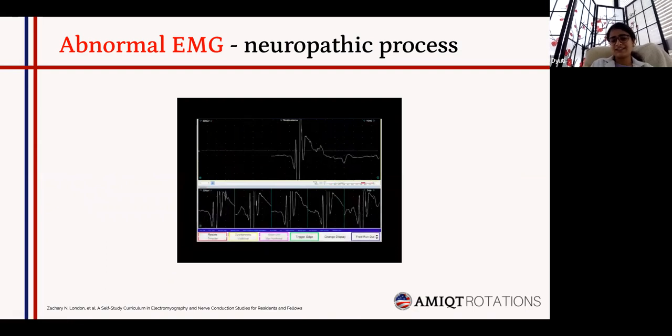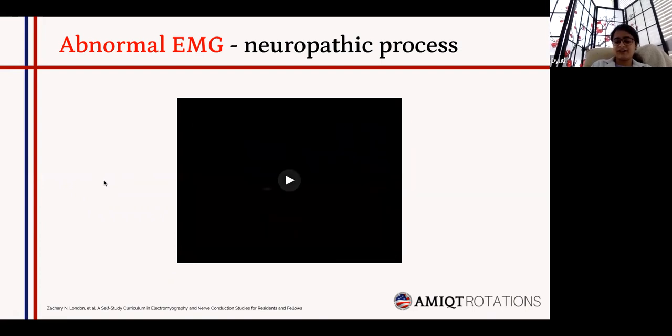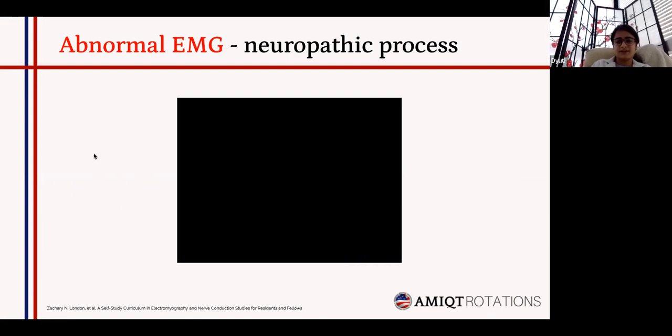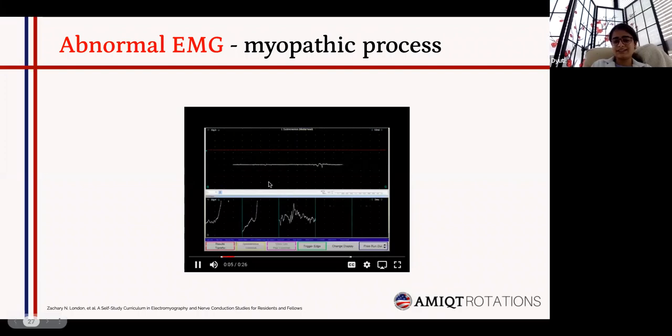It has a long duration, it's polyphasic, it can have a large amplitude, and we would get decreased recruitment. Whereas in a myopathic process, we would have low amplitude, polyphasic, short duration motor unit action potentials, with early recruitment.